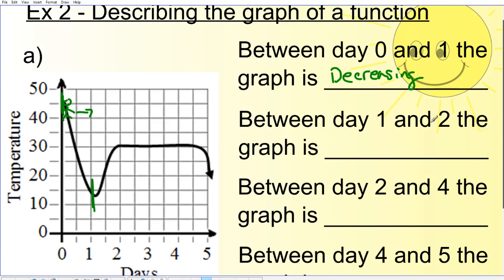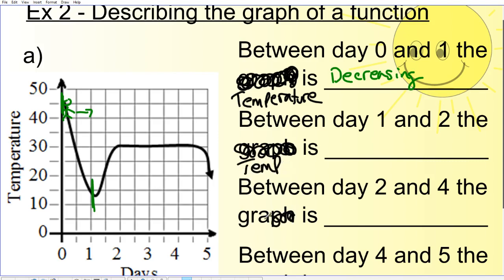Oh, and I remember there's something I wanted to change on this question. I want you to change it right now. Because between days 0 and 1, the graph is not decreasing. That's not the thing that is decreasing. I think I have it changed on maybe your papers, but on here it's wrong. It's not the graph that's decreasing. It is the temperature. I want you to change that if it's not already changed, because that's a very important distinction.